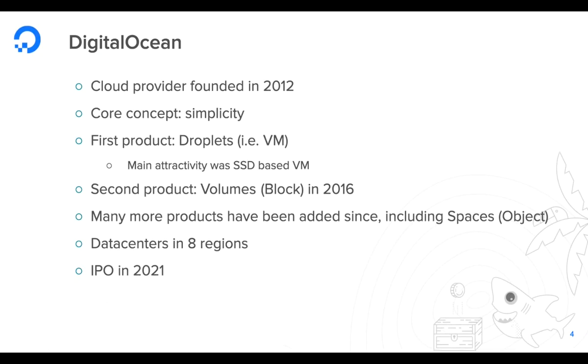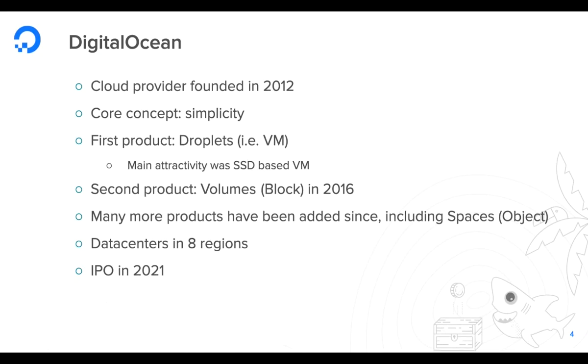Since then, we've expanded our product portfolio, starting with volumes, block storage in 2016, and many more products have been added since, including Spaces, which is our object S3 storage platform.